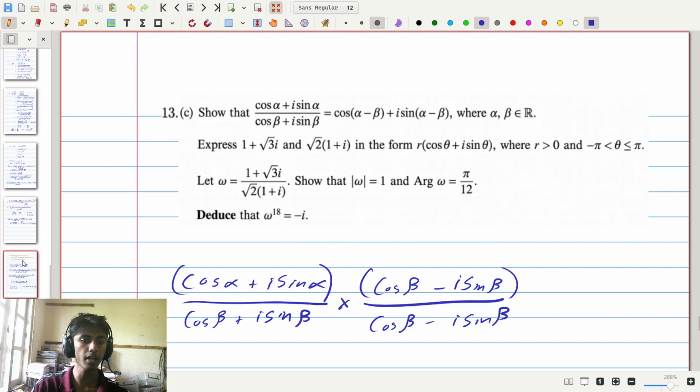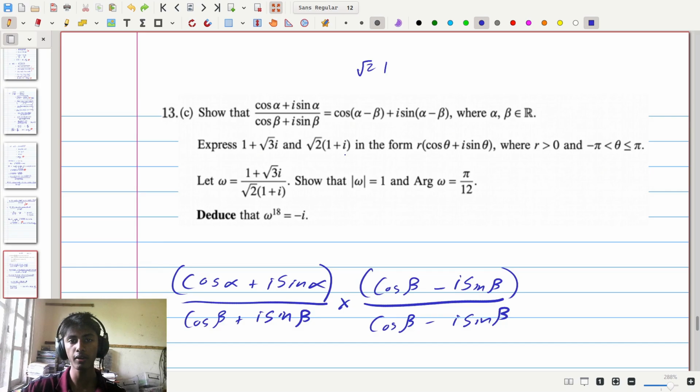Now considering the second number, we were given root 2 times 1 plus I, which is basically root 2 plus root 2i. Here the real part is root 2 and root 2 squared is 2, and the imaginary part is root 2 and root 2 squared is 2. Added together they give us 4, which means the modulus squared is equal to 4, meaning the modulus is the square root of 4, which is 2. So the modulus here is also equal to 2.